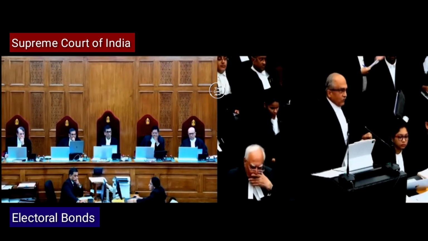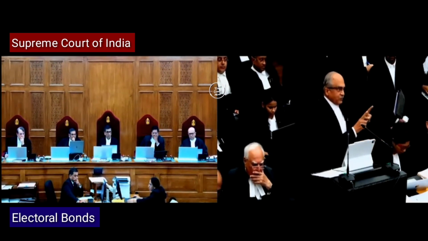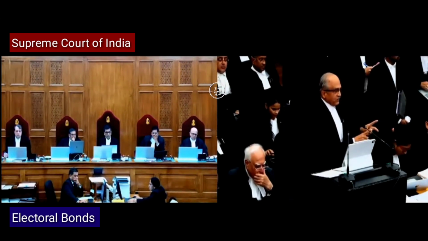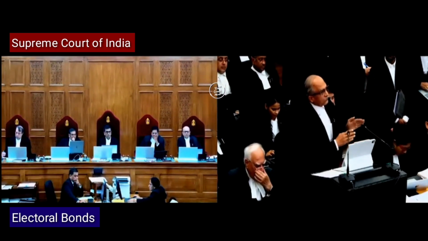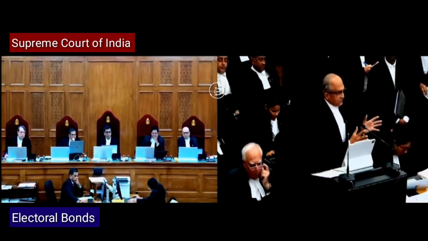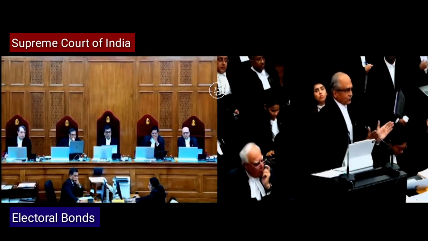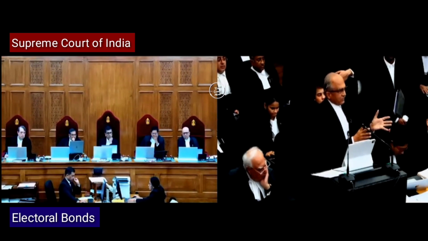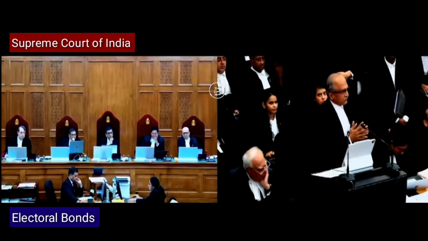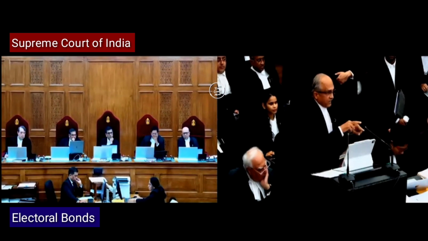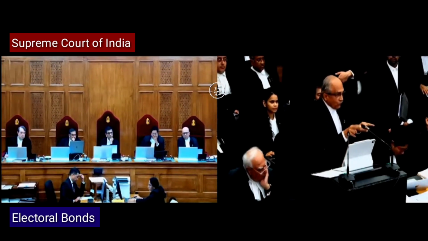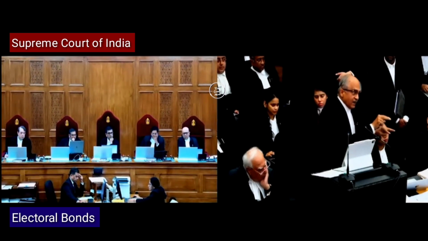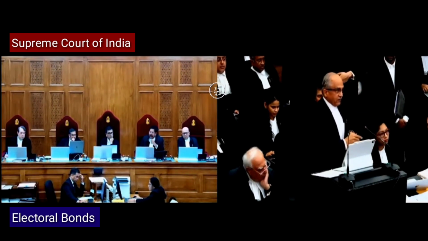So therefore, all that the political party will disclose in their accounts would be that out of the total contributions that they have received, they have received 500 crores by way of electoral bonds. That they have received total 700 crores, out of which 500 crores are from electoral bonds. That's all.